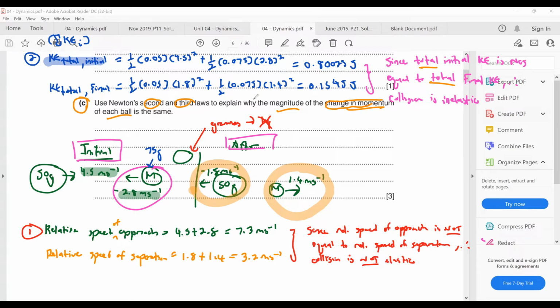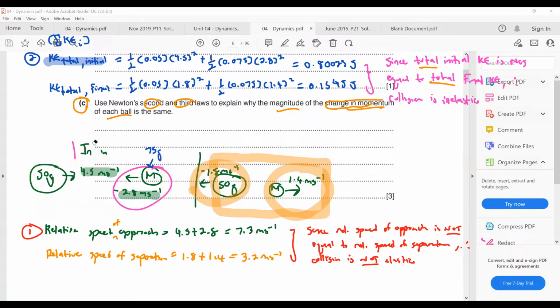Now, before collision, both of the balls were approaching each other. Then after collision, they both move off in separate directions, right? There is one part here during collision where the balls were in contact. Let's just say somewhere in the middle here. During collision, the balls were in contact.